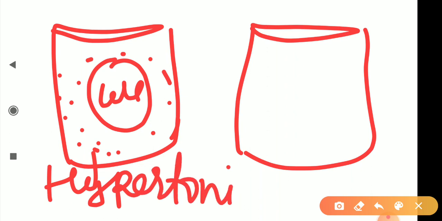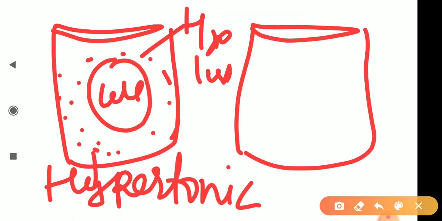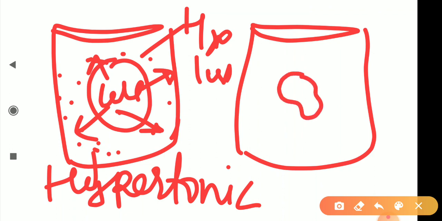It means the concentration of water is less. Less water is there over here, and water is more over here. So water starts moving out of the cell. This is exosmosis, and this results in the shrinkage of the cell.